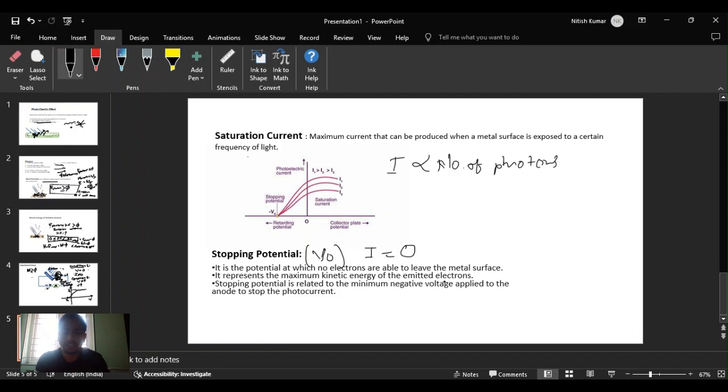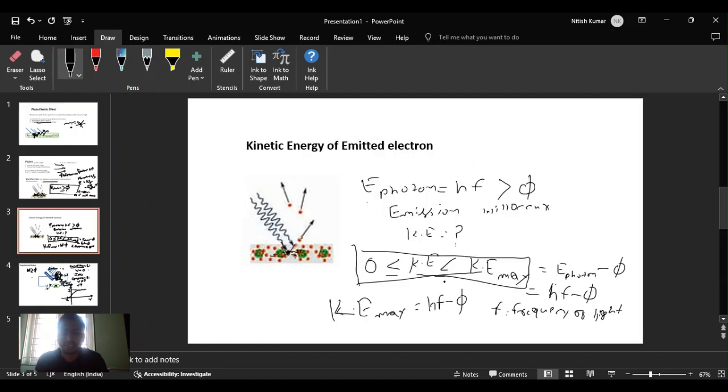We have seen that the kinetic energy of the electrons is in the range of 0 to kinetic energy maximum, and if we are able to stop the electron with maximum kinetic energy, we can stop all other electrons.